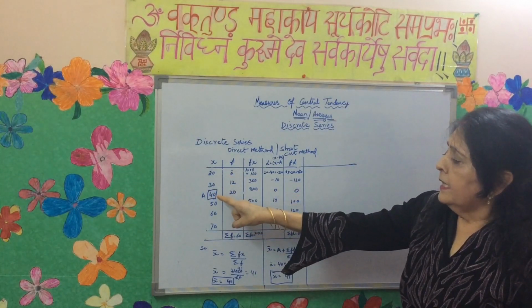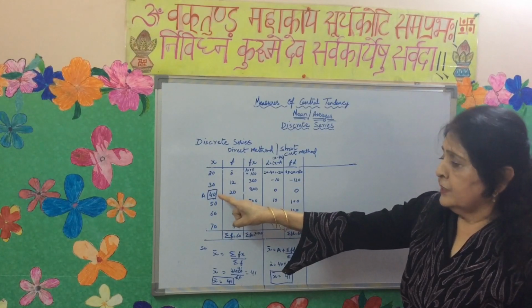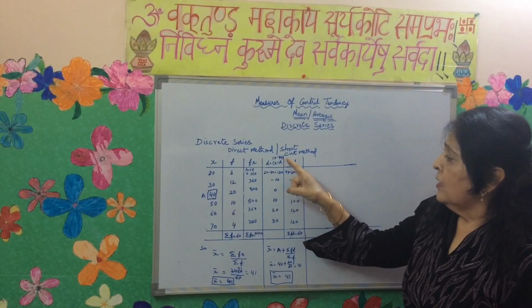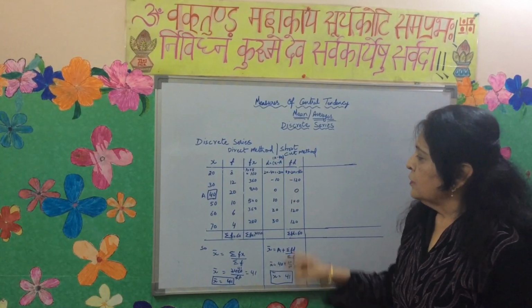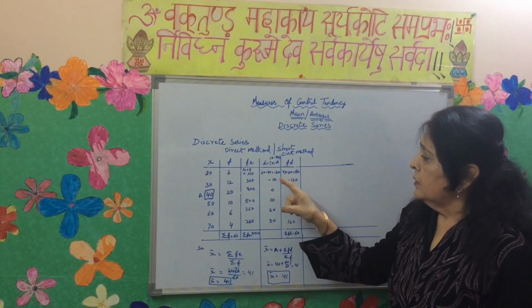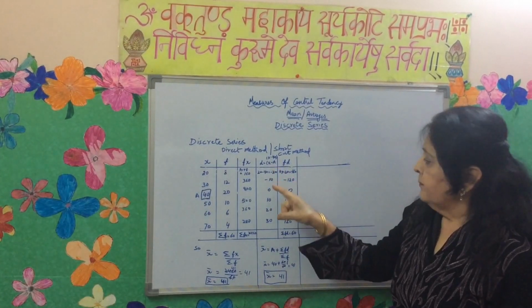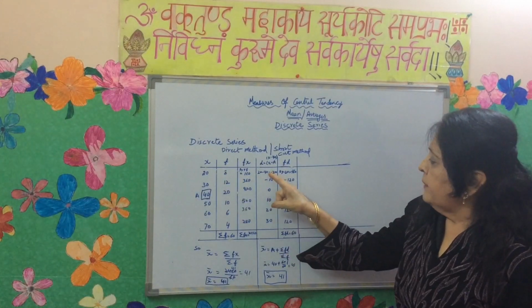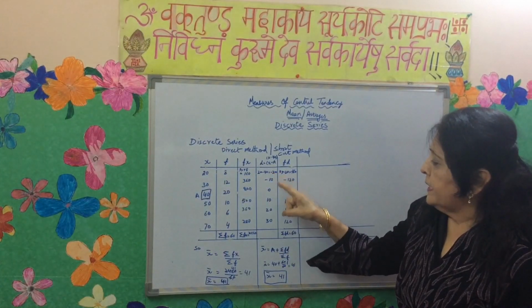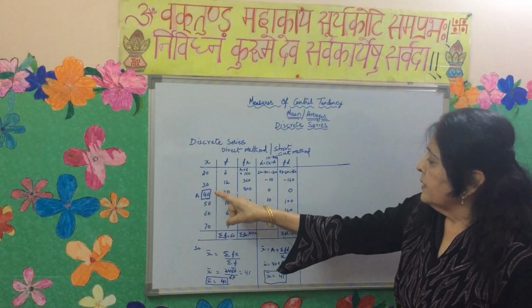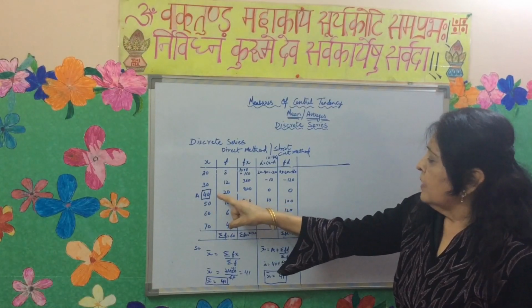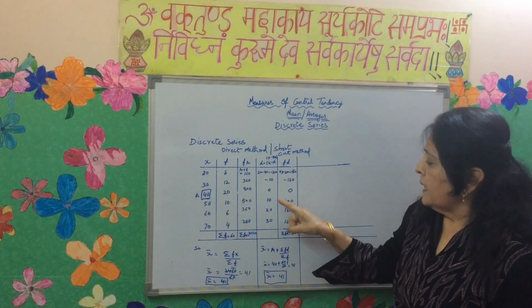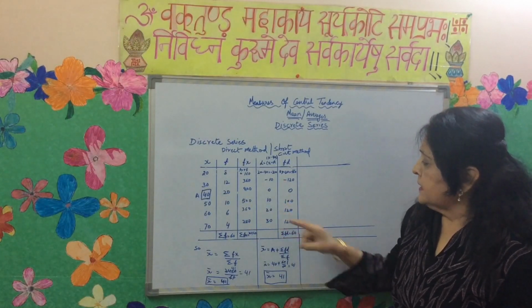I have taken the assumed mean as 40, so here it is x minus 40. For x is 20, minus 40 we get minus 20. In the same way, 30 minus 40 we get minus 10. Then we get 0, plus 10, plus 20, plus 30.